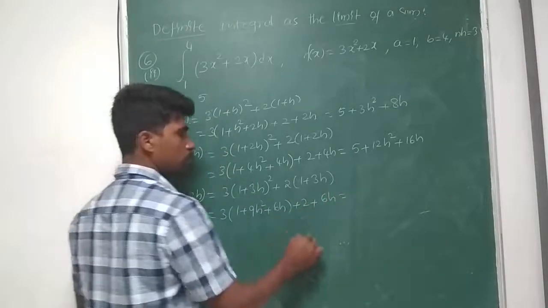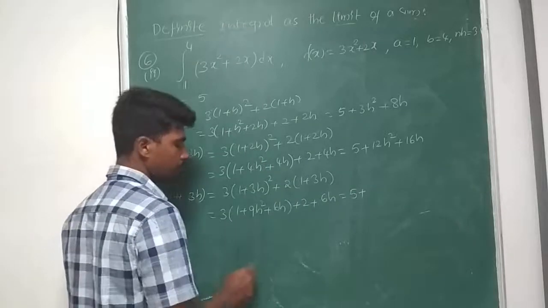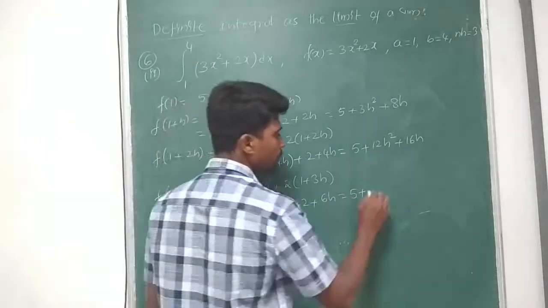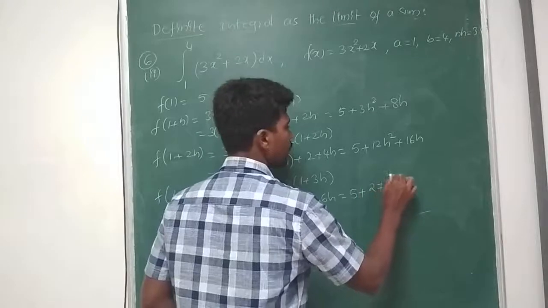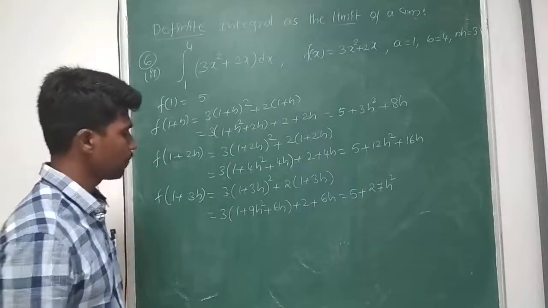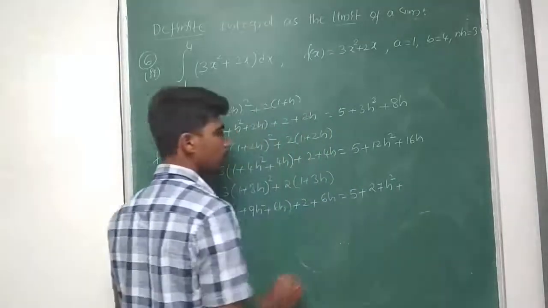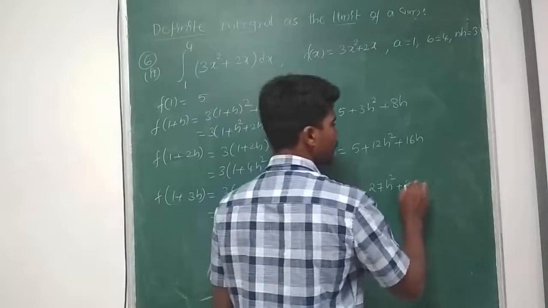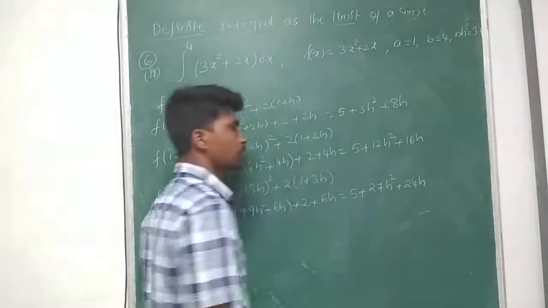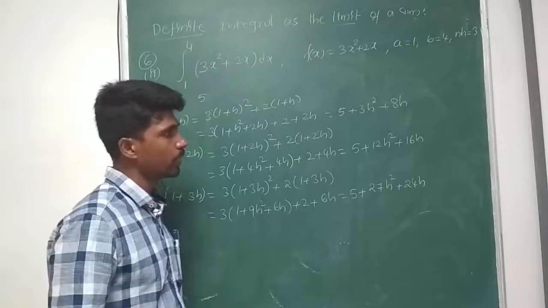Now 3 plus 2 is 5, plus 3 nines are 27h squared, plus 3 sixes are 18 plus 6, 24h. Yes or no? 18 plus 6 is 24.